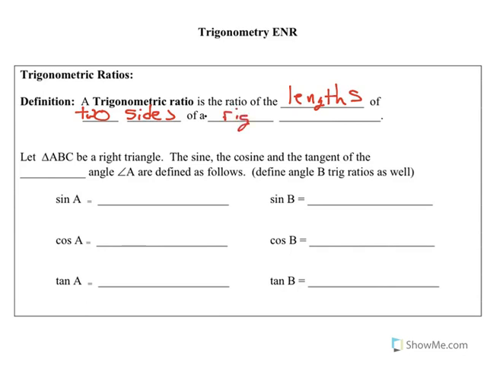So trig ratios, you're always going to be comparing the lengths of two sides of the triangle. And you can look at the triangle from two different vantage points. You can look at it from one of the acute angles, or you could look at it from the other acute angle. We don't look at it from the 90-degree angle, since all right triangles have a 90-degree angle in it. So we're going to be talking about the acute angles.